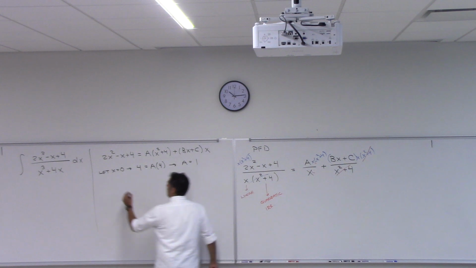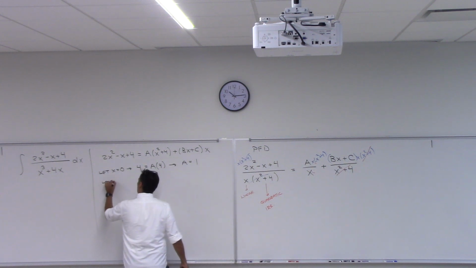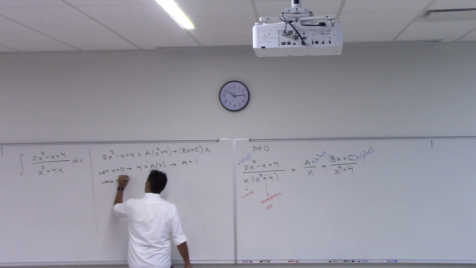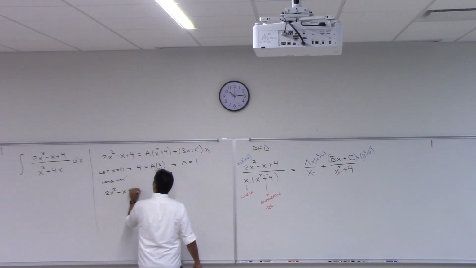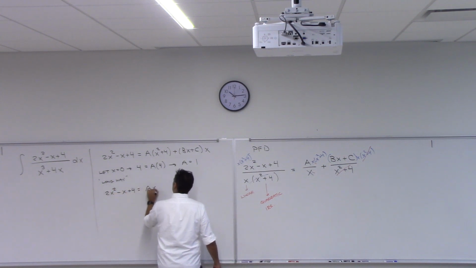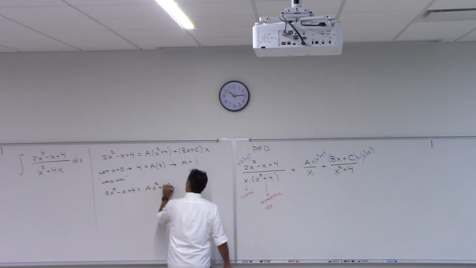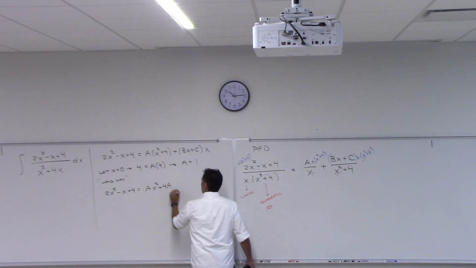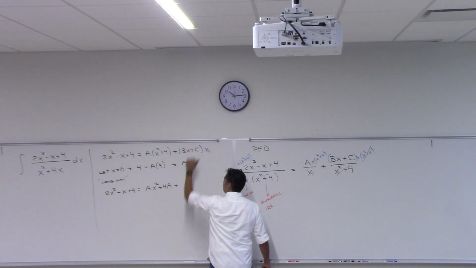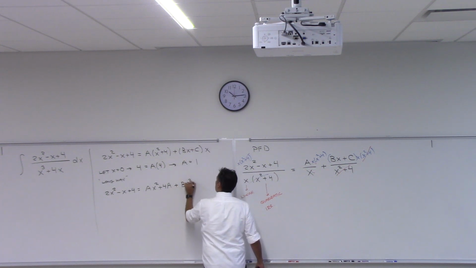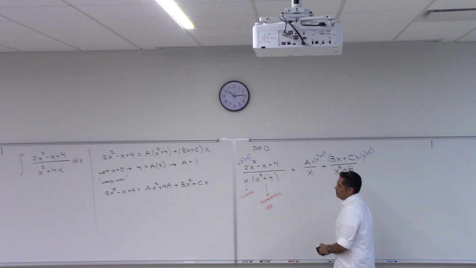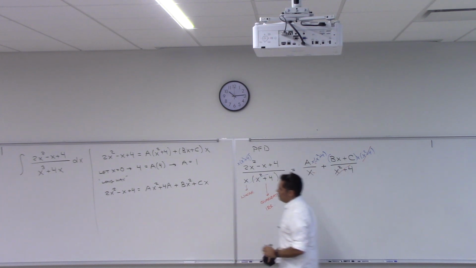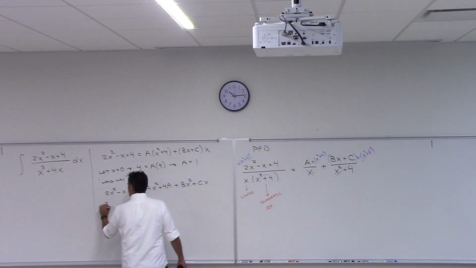And so for the long way, I distribute the A through. Fortunately for me, that A just goes right through. And then over here, the x goes through, bx squared plus cx, like that. That's just cleaning up the right side. I'm going to clump my things together again.